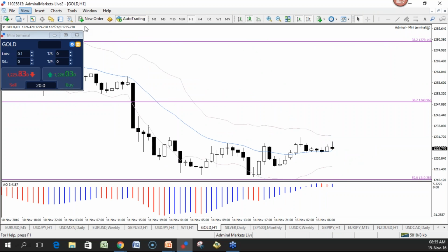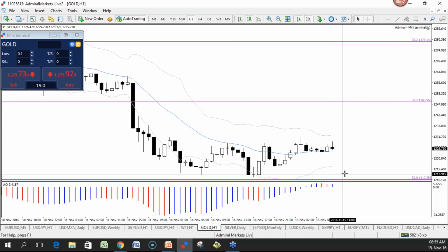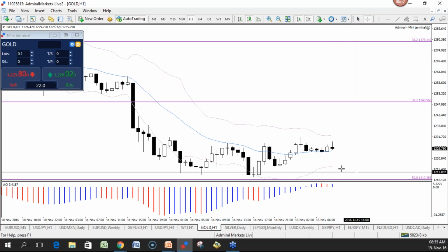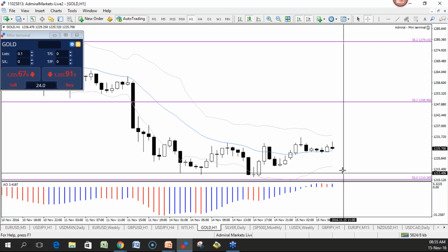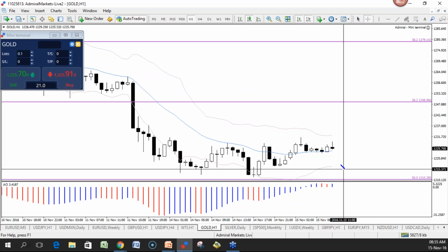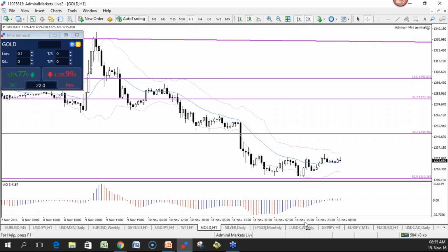So it could be interesting to keep an eye on the hourly chart and see if it respects 12.12, 12.15. If there is a bounce in here, if price makes an engulfing twin on the hourly chart here, for instance, that could be another way of trying to catch an early bounce to the upside. So that's what I'm keeping an eye on myself.